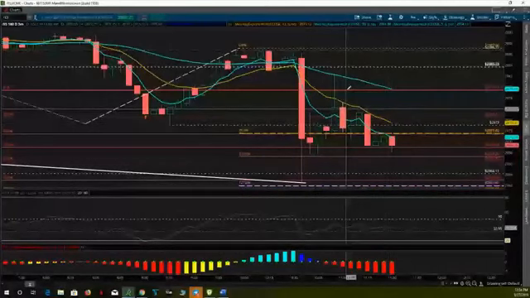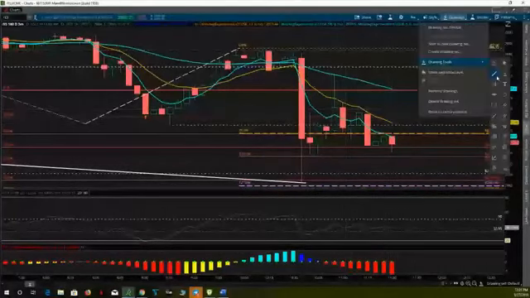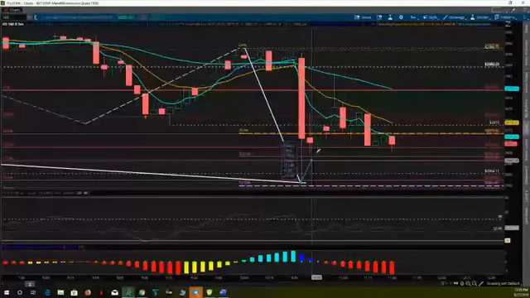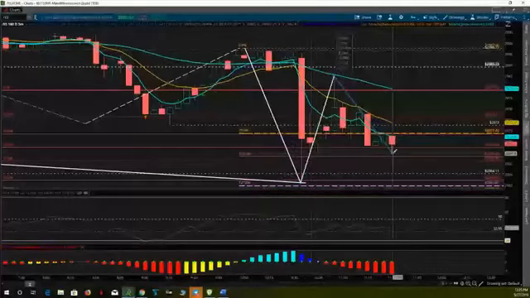Please make note of this. With small harmonics, that's why it's so important. Here's our move down.